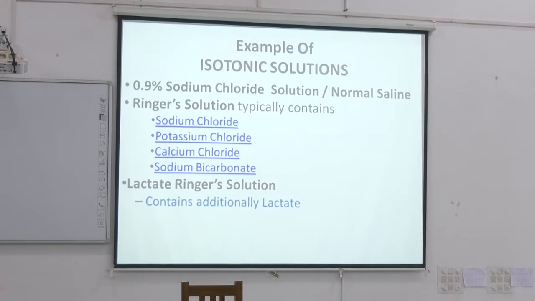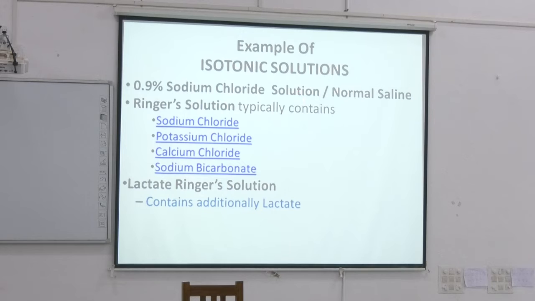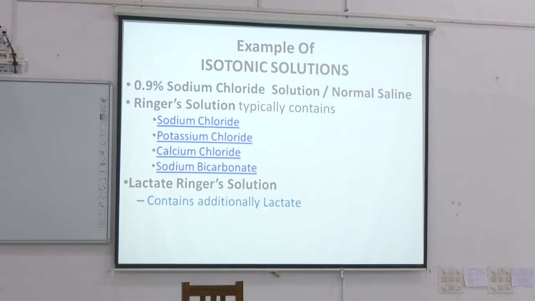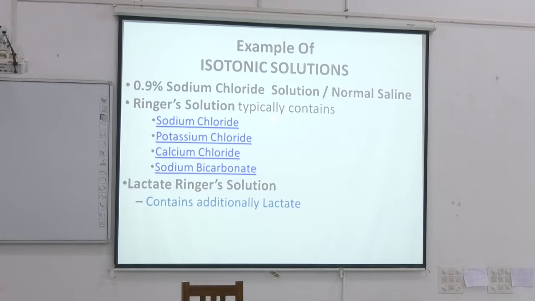Okay. Now examples of isotonic solution: 0.9% sodium chloride solution, that is NaCl. Ringer solution typically contains sodium chloride, potassium chloride, calcium chloride, sodium bicarbonate. Lactated Ringer solution contains additionally lactate. Can you see where these types of solution are used?